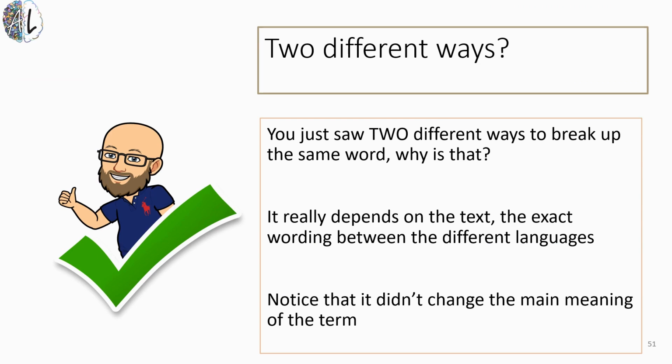It really just depends on the text, the exact wording, the slight differences between Latin and Greek, and how exactly they broke them up ultimately. But again, remember, it didn't really change the meaning of the term. And so whether you broke it up one way versus the other, you're still correct, and you came to the correct meaning.